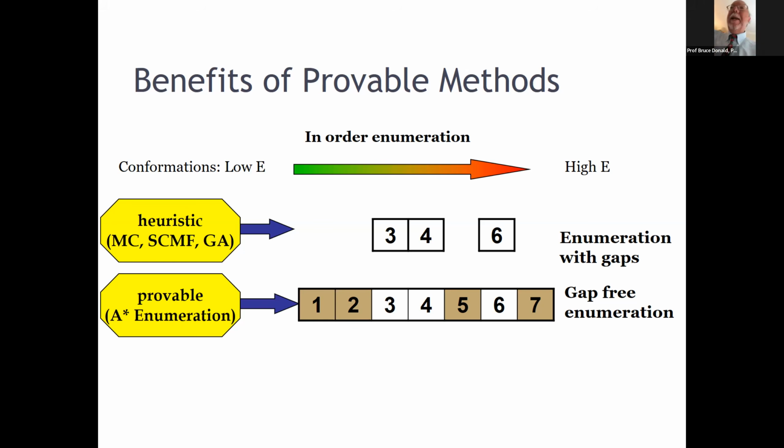But let me just mention that as an experimentalist, there's something really useful about these kinds of algorithms. If you use some kind of heuristic unprovable algorithm, and here are three: genetic algorithms, Monte Carlo, self-consistent mean field. I mean, some of these have some guarantees in limited cases, but these will give you some solutions, and they will be relatively good sometimes, but you're definitely going to miss things.